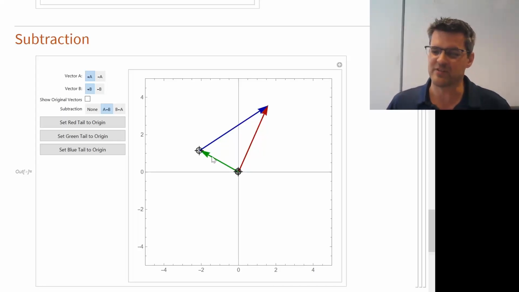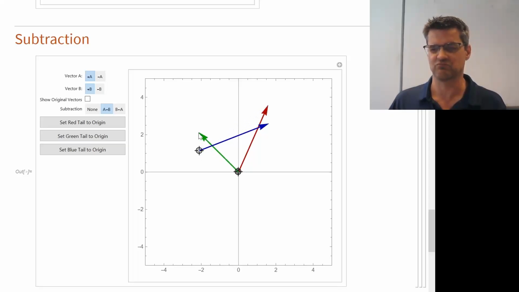So if I was to subtract B and add A, yeah, I'm going from the head of one vector, minus B plus A, to the head of another vector. A minus B goes from the head of B to the head of A. Okay.